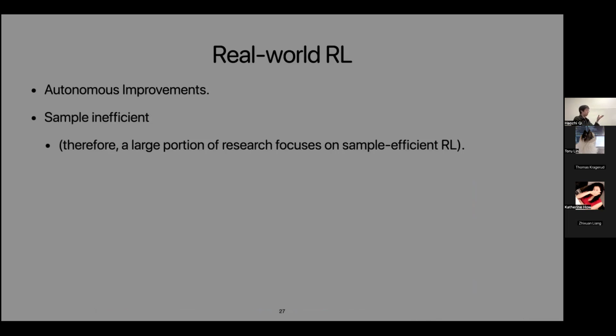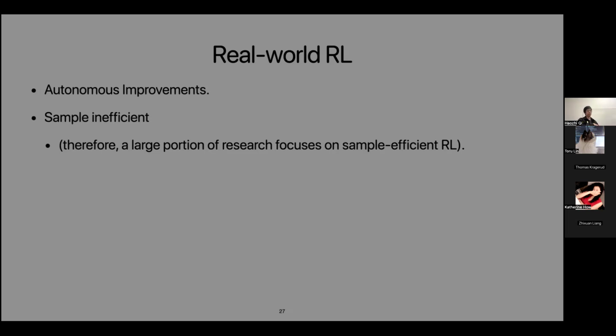And there are also, of course, challenges and hot research topics in real-world RL. For example, RL is very well known to be sample inefficient because you rely on trial and error to collect a lot of samples and then optimize your policy.